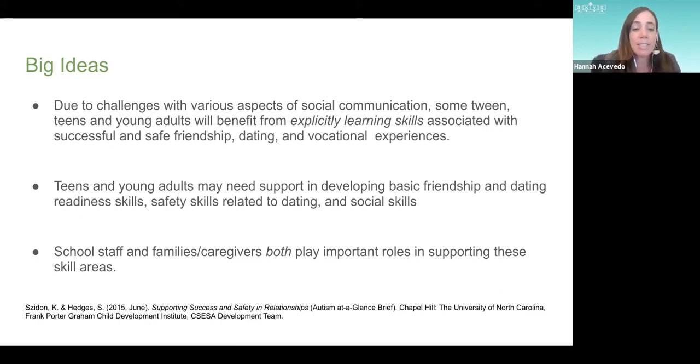The other thing to think about is that you're not on your own, and you shouldn't be on your own in helping the individual develop these skills. It's really important that schools and families and outside providers work together in supporting these skill areas.